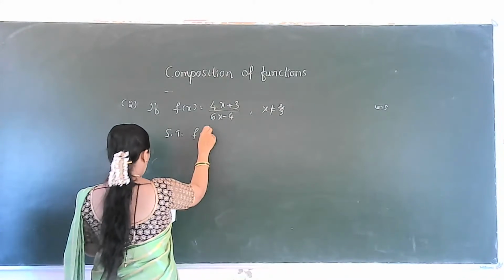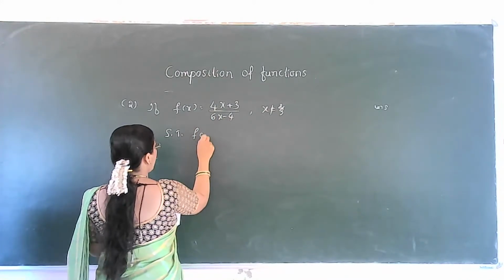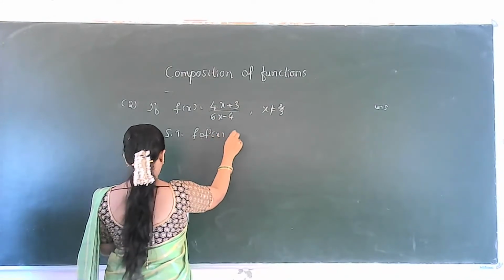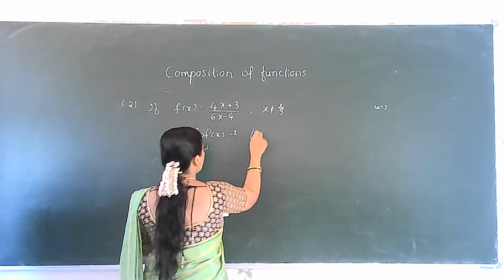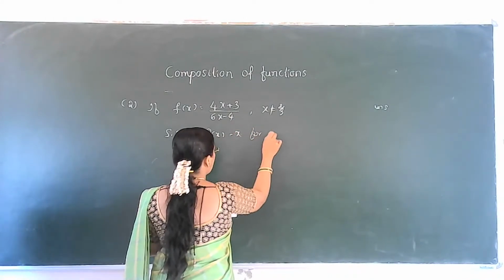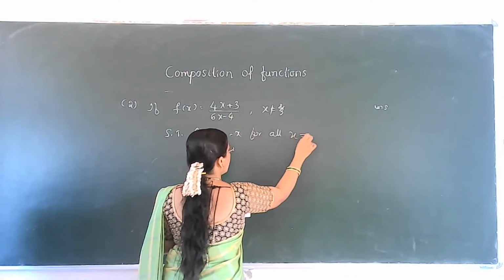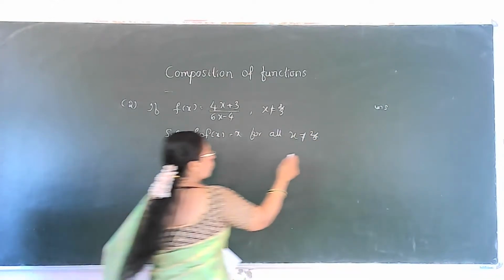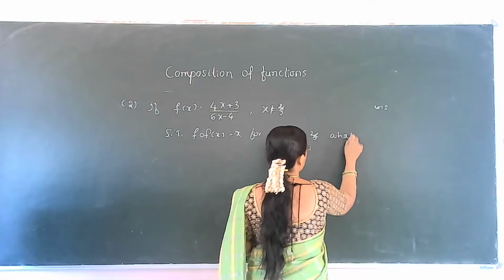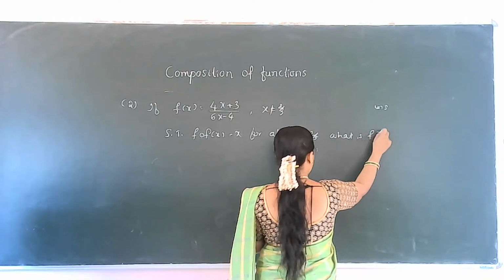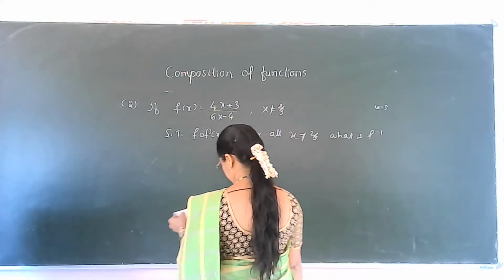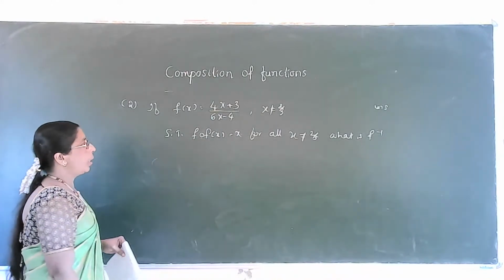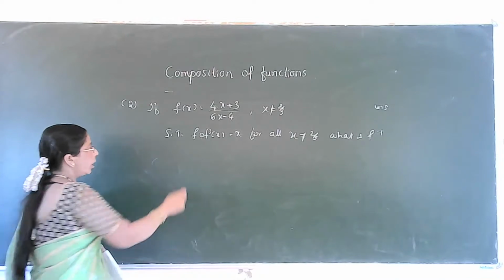Show that f composition f of x is equal to x for all x not equal to 2 by 3. Then what is f inverse? We have to find f inverse.